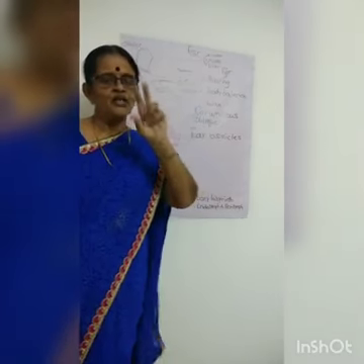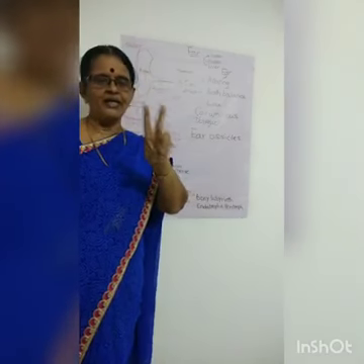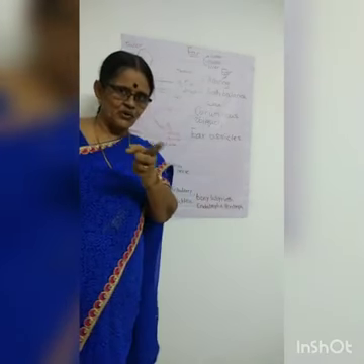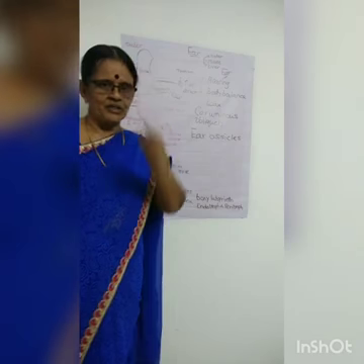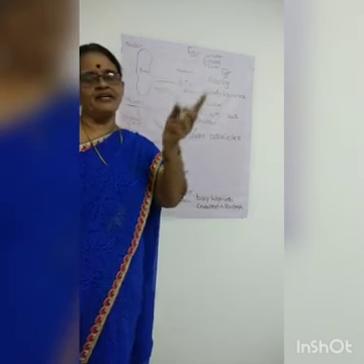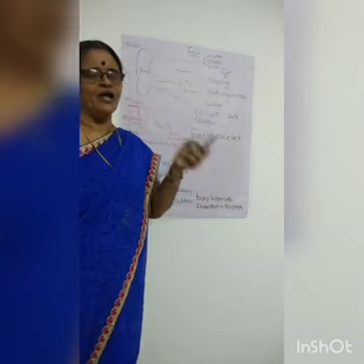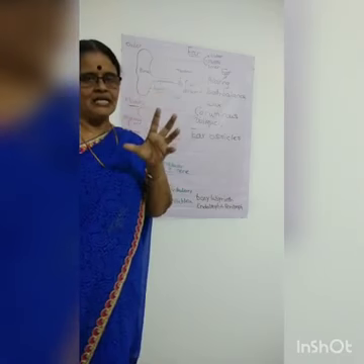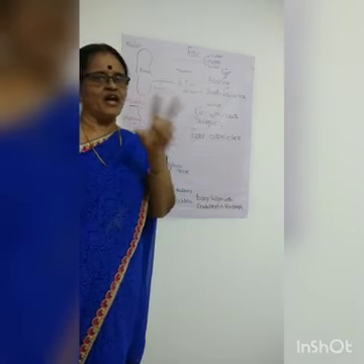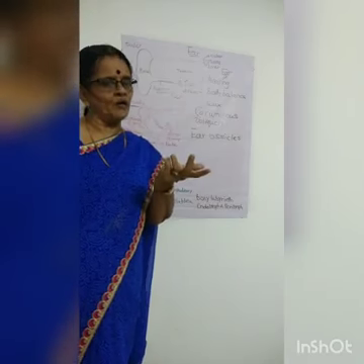So 2 of them are vertical and 1 is just lying, which is called horizontal.